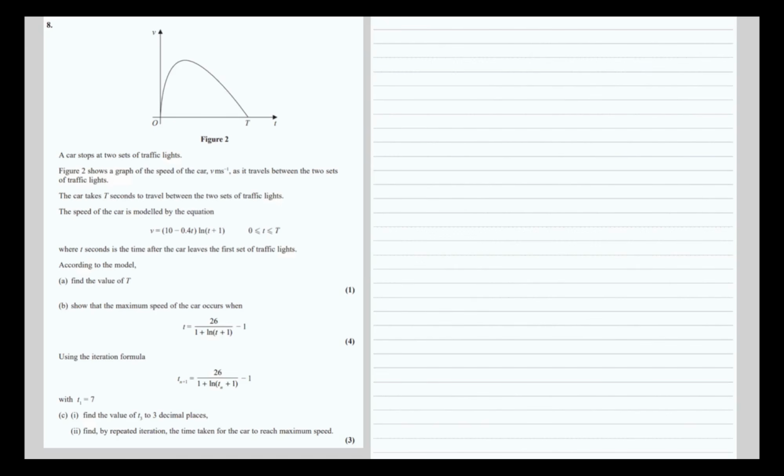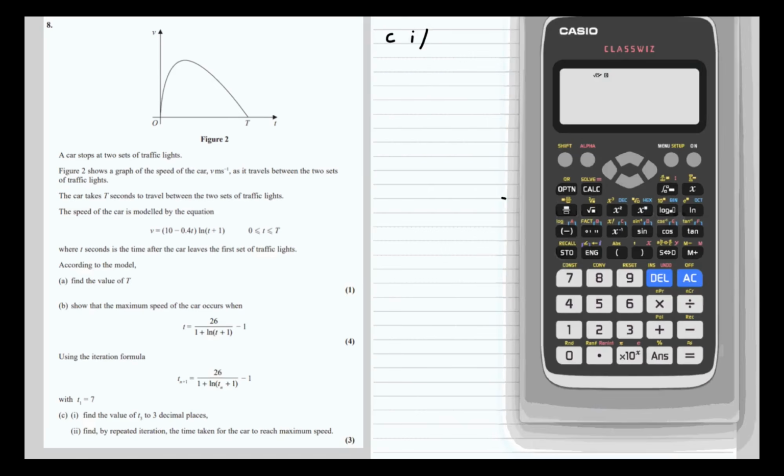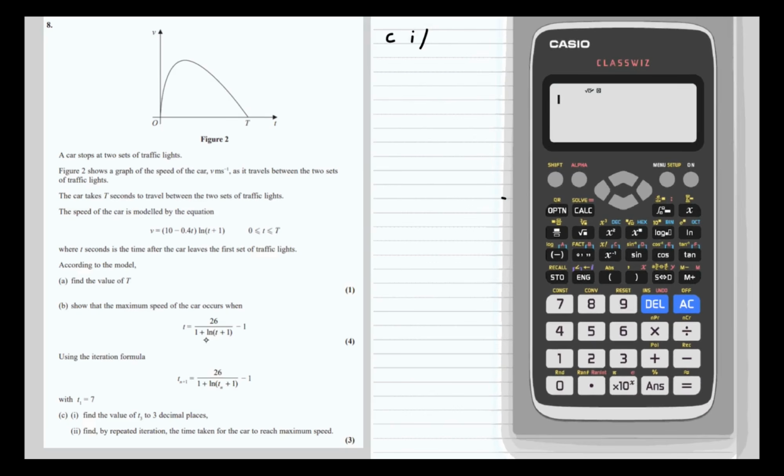Part C, with t1 as 7, use the iteration formula to find the value of t3 to 3 decimal places. So we're going to have t1 as 7, so we're going to substitute in 7. Grab the calculator. So 26 over (1 plus ln(7 plus 1)) minus 1.